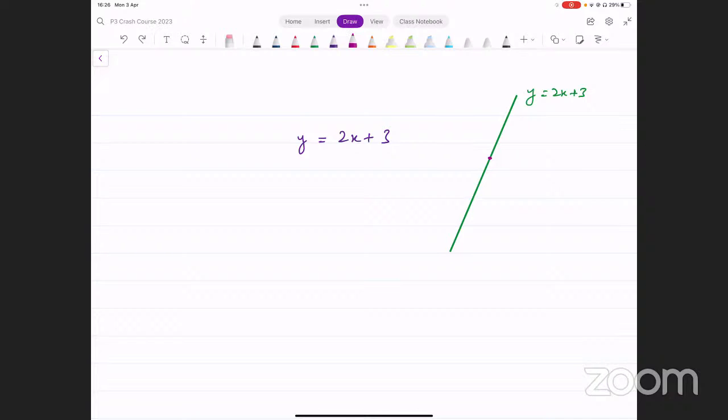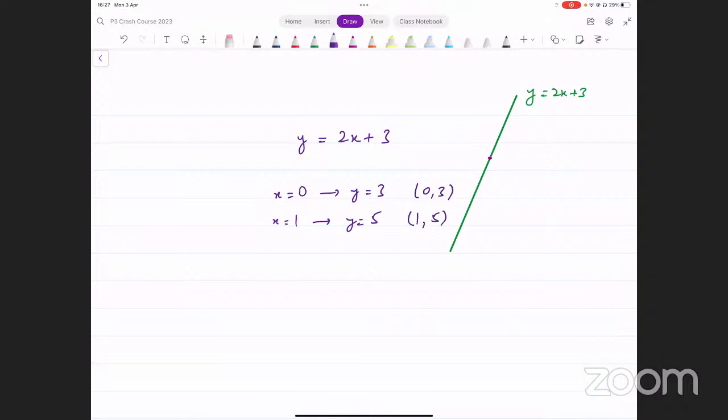You could input different values of x. If you want the value of y at x equals 0, that gives you y equal to 3, and you get one point on the line, (0, 3). If you input x equals 1, you get y equal to 5, and that gives you another point on the line, (1, 5).